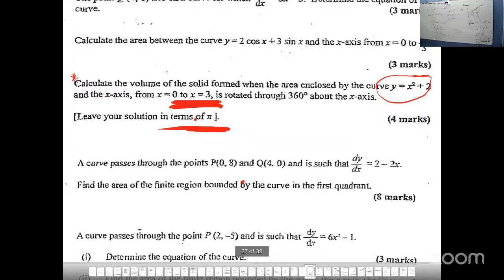y is equal to x squared plus 12. Right, you got it right. That's right, 2012, number 6 part.